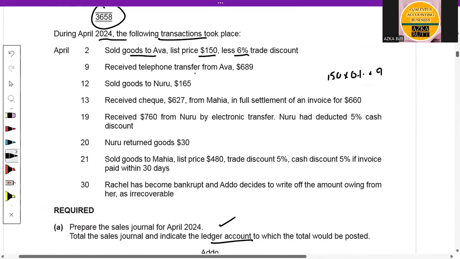The second one, received telephone transfer from Ava 689. So we don't need to record it. It is not related to this because this will be recorded in the cash book. Sold goods to Nuru 165. Yes, we need to record it.